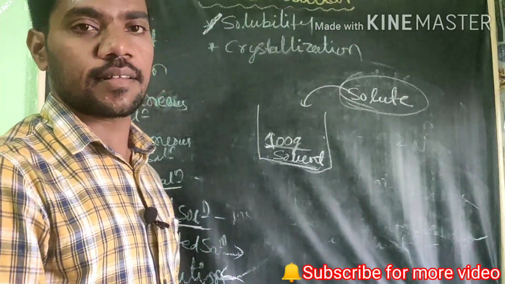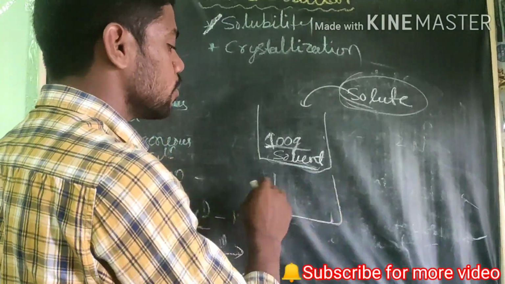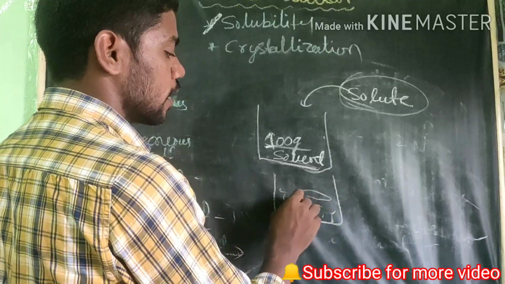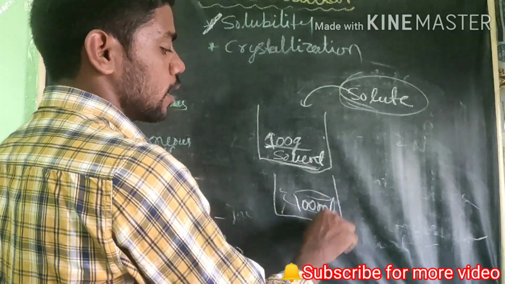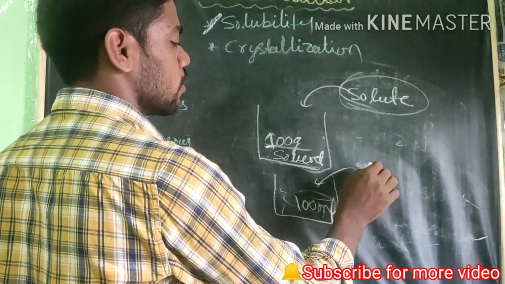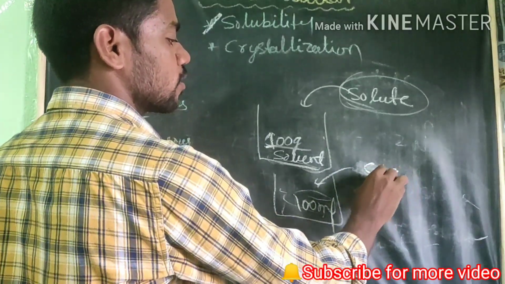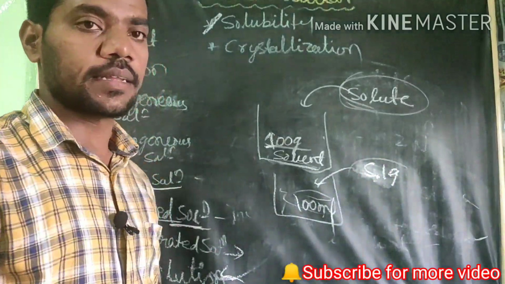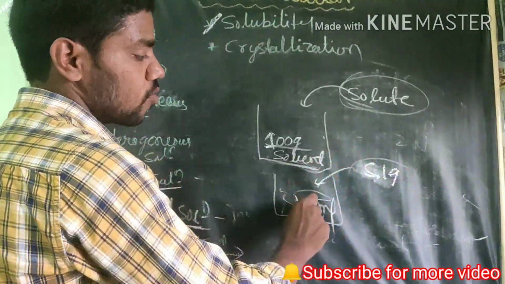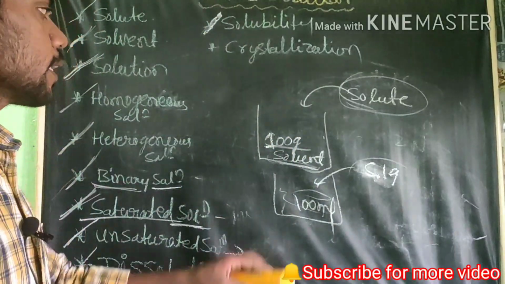Understood? Yesterday I discussed the potassium permanganate. That is potassium permanganate solubility. In 100 ml of water, 5.1 gram dissolves. This is solubility.